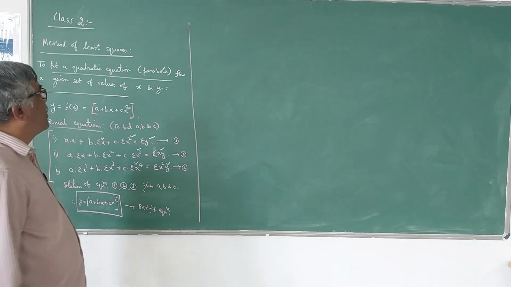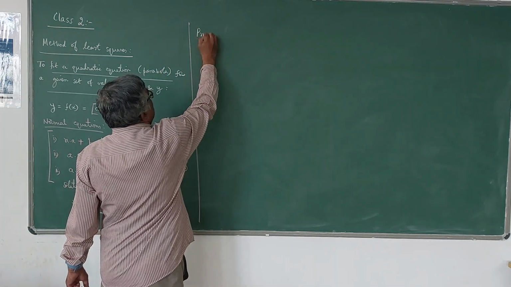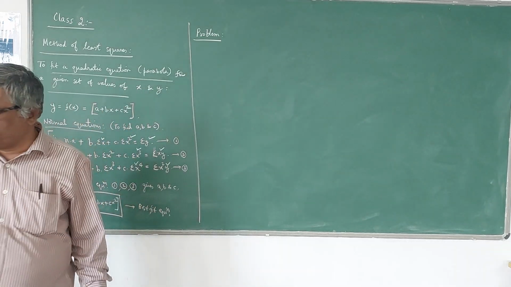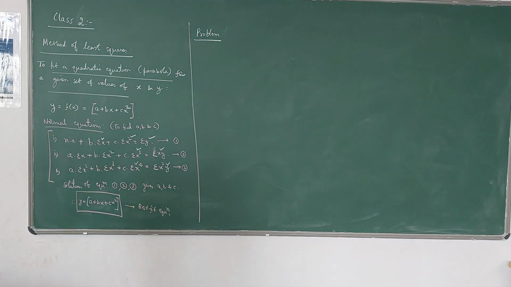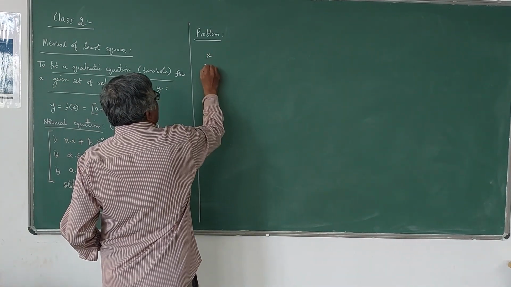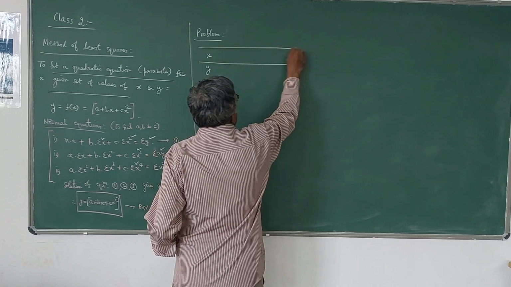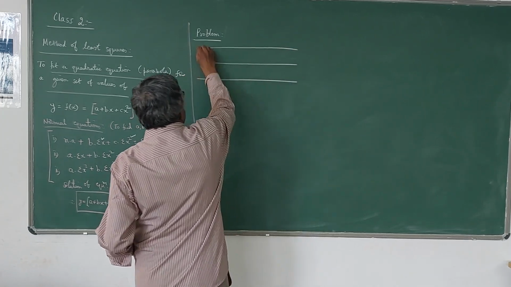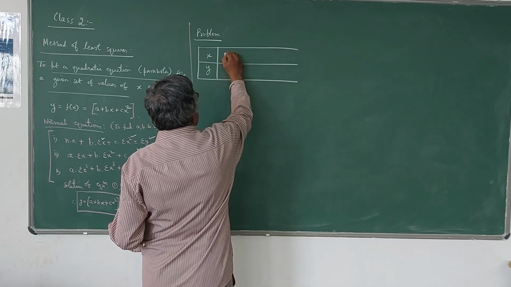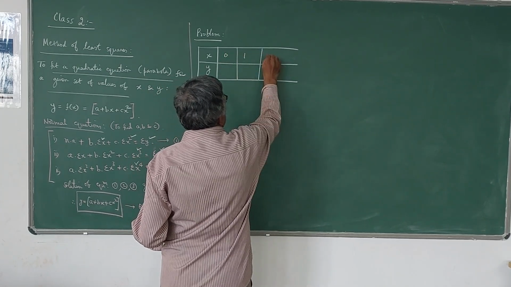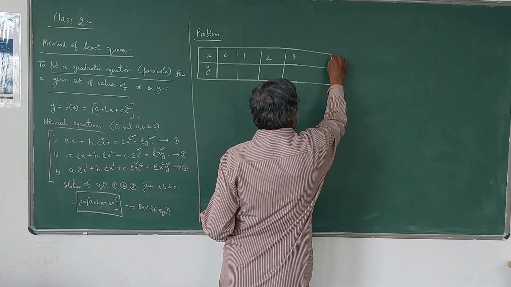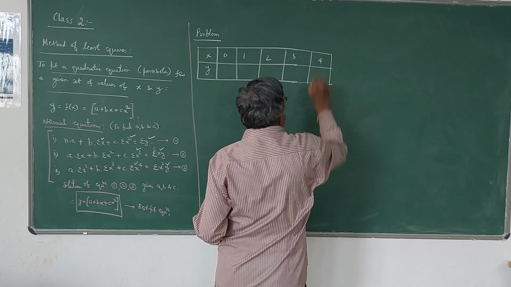Now let us see how we can solve a problem using this concept of method of least squares. The given set of data is x and y. We have to fit a parabola. X values are 0, 1, 2, 3, 4. They can give any value, and the values can be negative also.